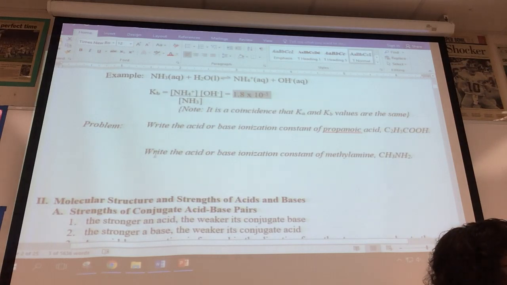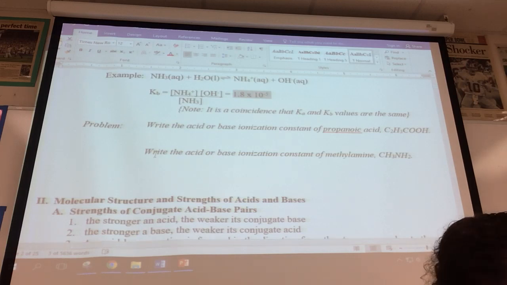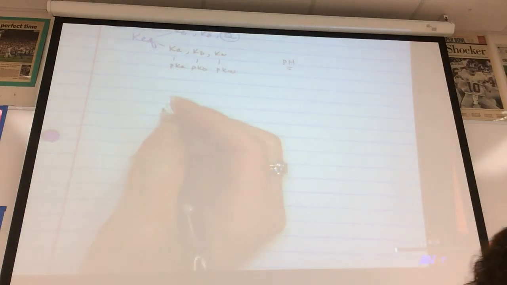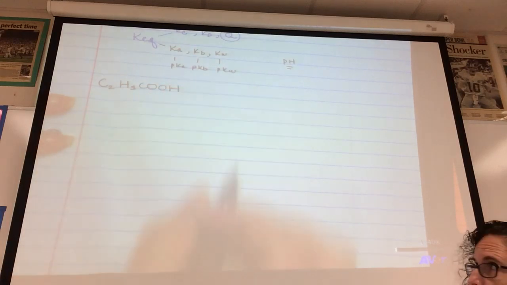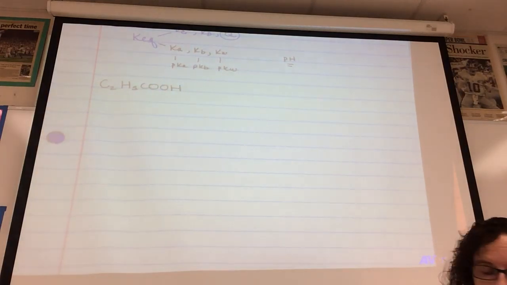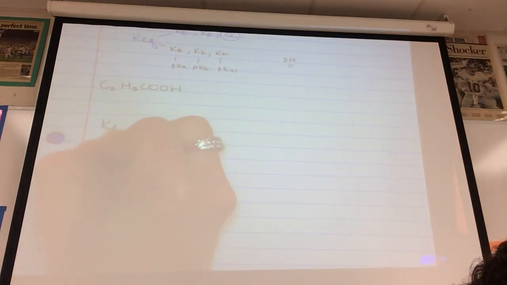Let's do this first one together. You'll try the second one. Incidentally, amines are typically bases. In the first problem, it says write the acid or base ionization constant of propanoic acid. Here's propanoic acid. Your best approach here is you want to know the Ka expression.